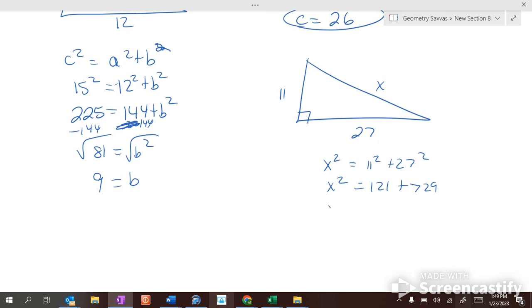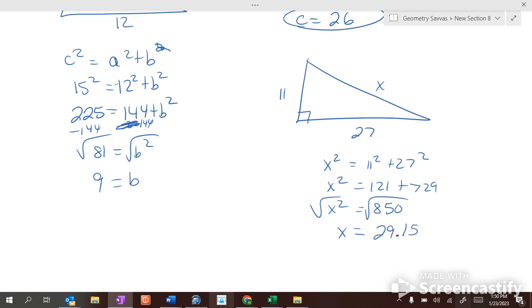Add them together. 850, right? What's the square root of 850? 29.15. Sounds good to me.